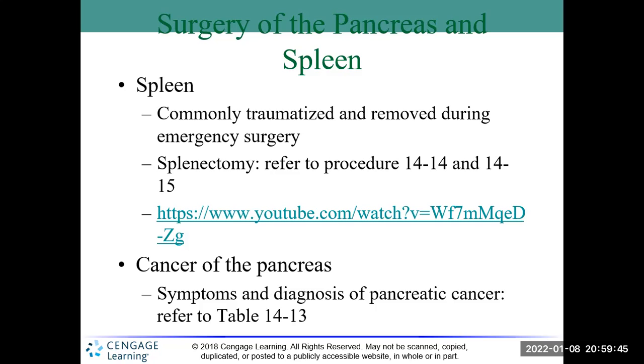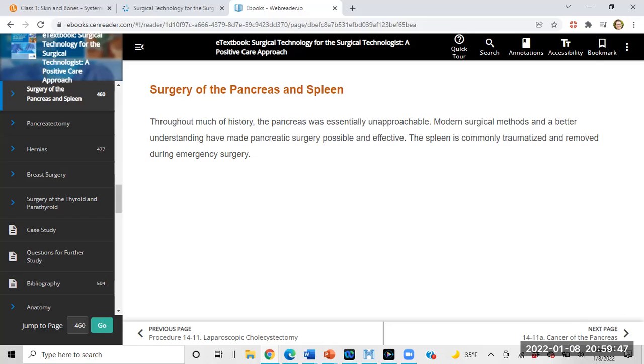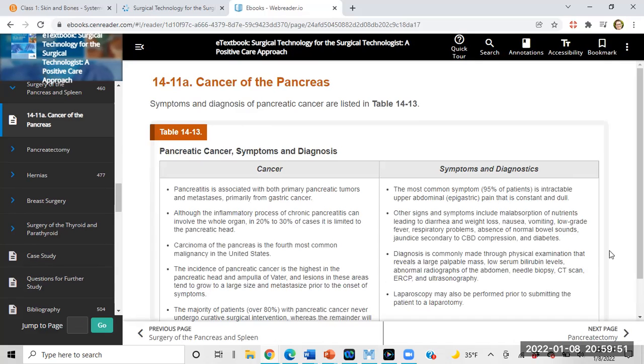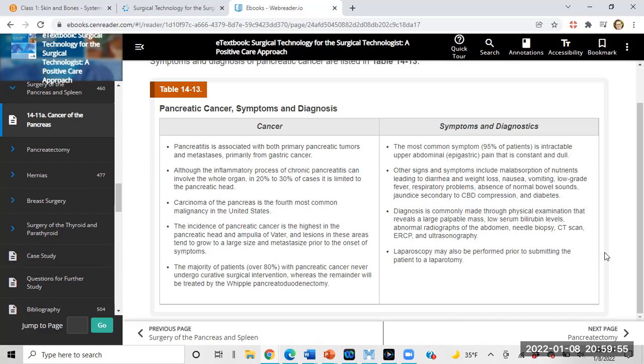Cancer of the pancreas. Let's look at that. Some of those symptoms are very much across the board for all cancer. One of those is unexpected weight loss. A lot of times they don't have pain, but with pancreatic cancer, they do.